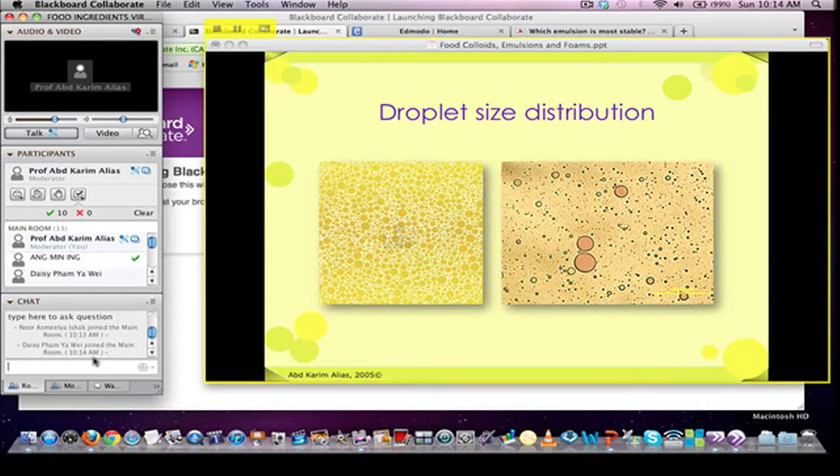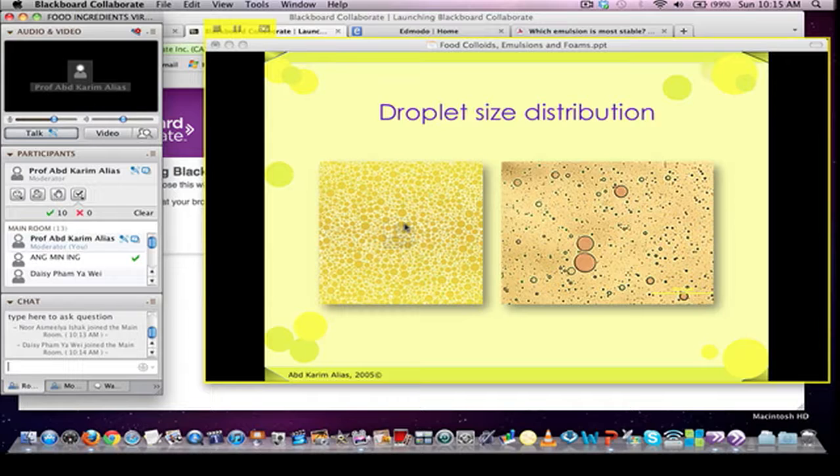Basically, if we have used the proper equipment such as the high-speed homogenizer or high-speed mixer to disperse the liquid to prepare the emulsion, we should get a good emulsion with more or less a homogeneous distribution of the droplets, as you can see in the picture here. So you can see there are droplets distributed in the emulsion, but still you can see there are different sizes of droplets in this emulsion if we look under the microscope.